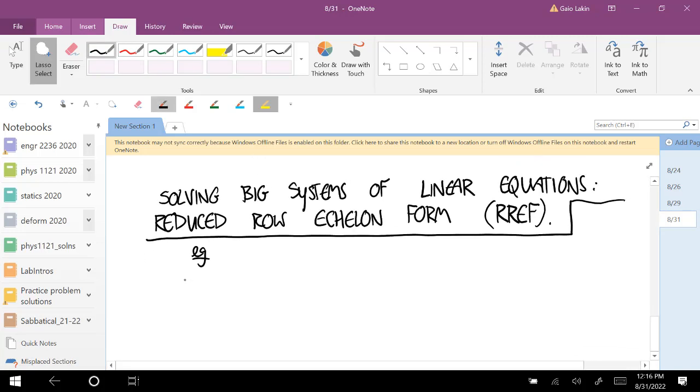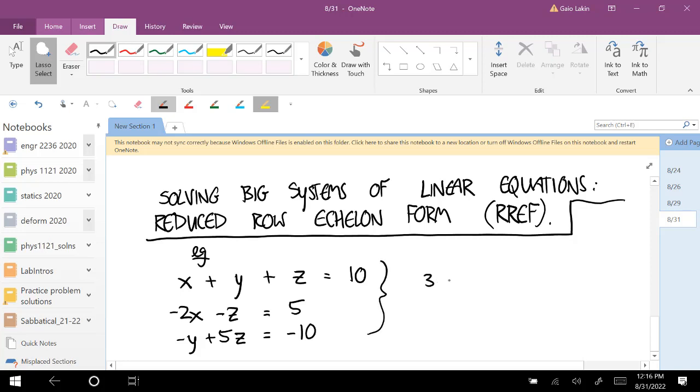So let's say that our system is x plus y plus z is equal to 10. Negative 2x minus z is equal to 5. And negative y plus 5z is equal to negative 10. Okay, so this is 3 linear equations for 3 variables.